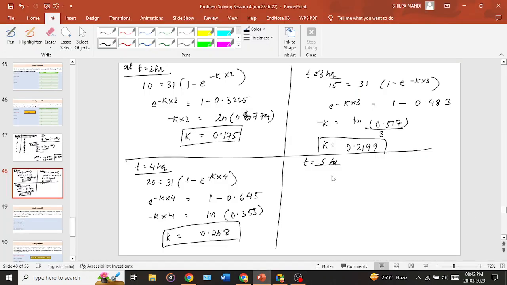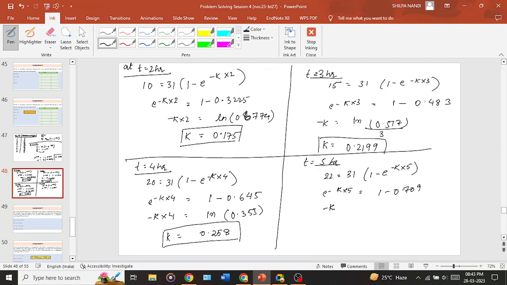So okay, we will move on at t is equal to 5 hr. So it will come as 22 is equal to 31 times (1 minus e to the power minus k into 5). So 22 by 31 will come as 1 minus 0.709.